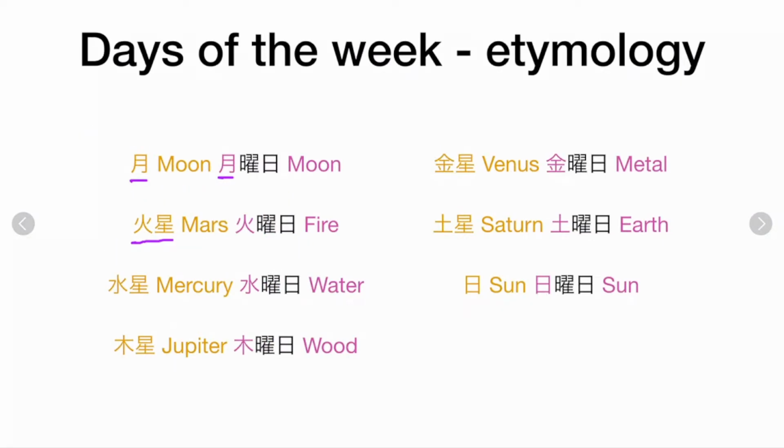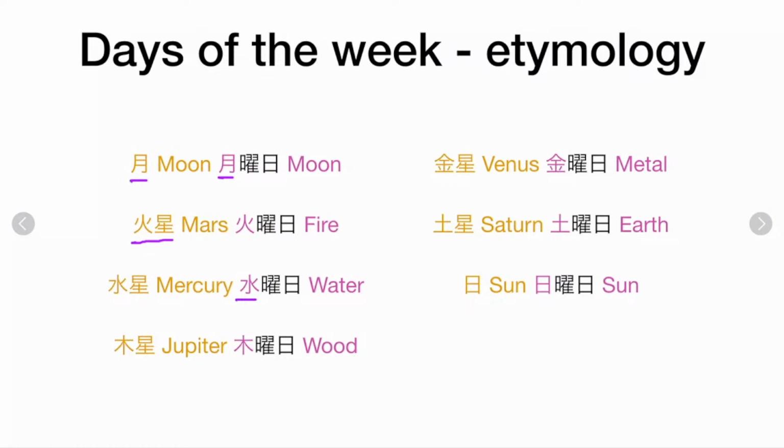I don't. Okay. The English names of the days come from Norse mythology. So Monday is still Moon Day. Tuesday comes from Tyr's Day. Tyr is the god of war in Norse mythology. And so it's still Mars. It's the same planet. Next is Mercury, which they have Suiyobi.